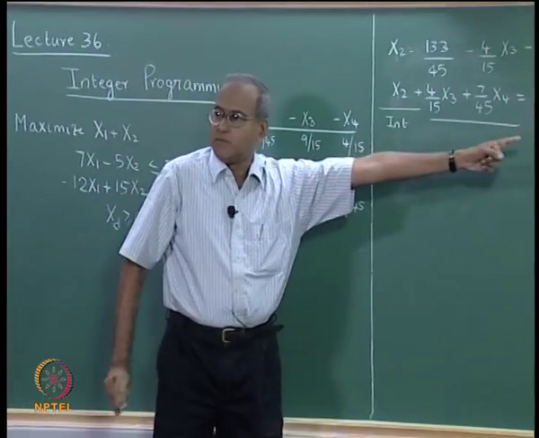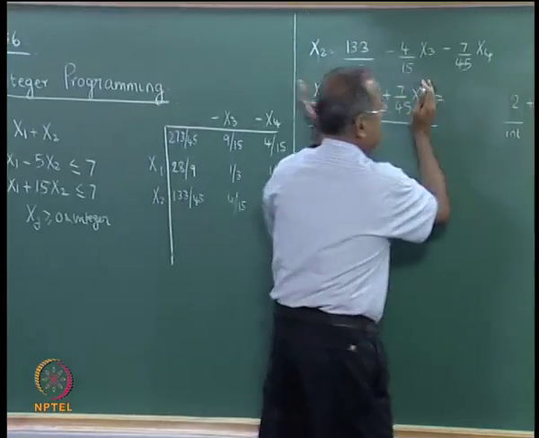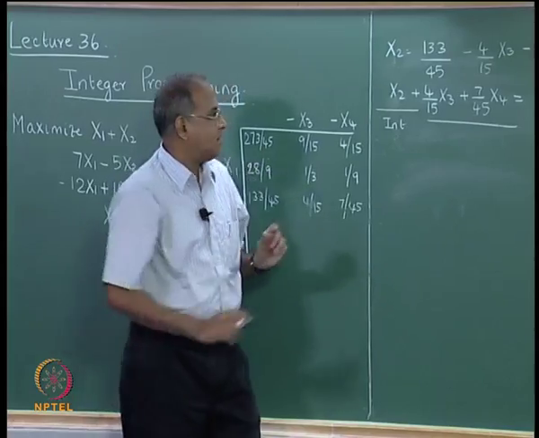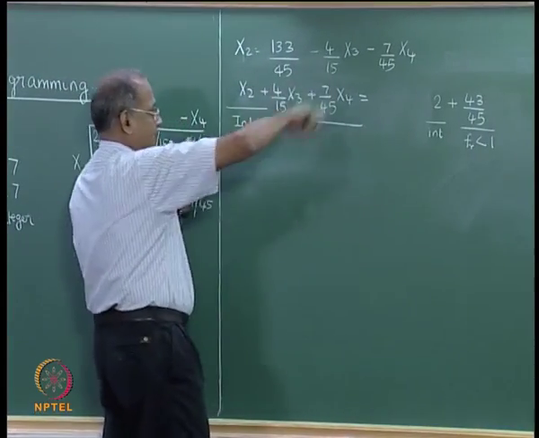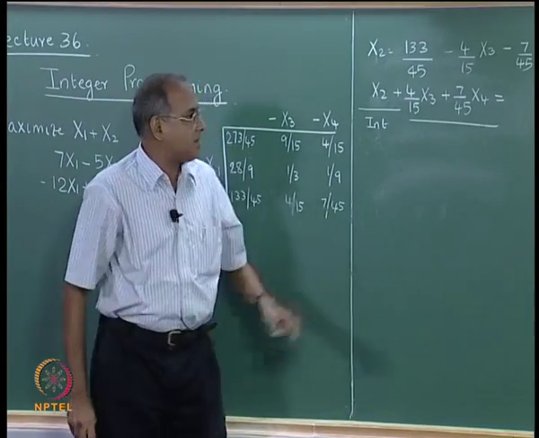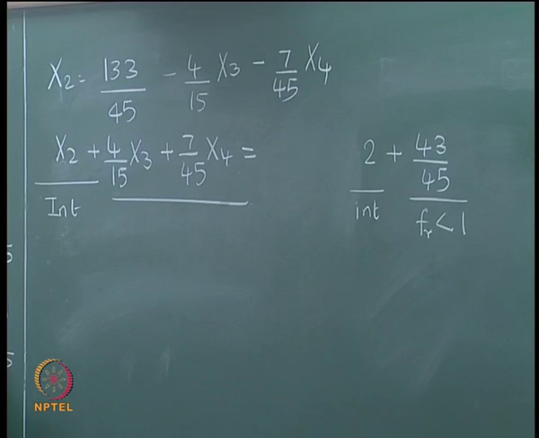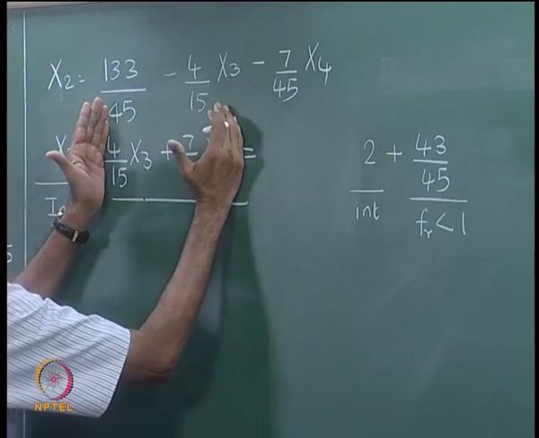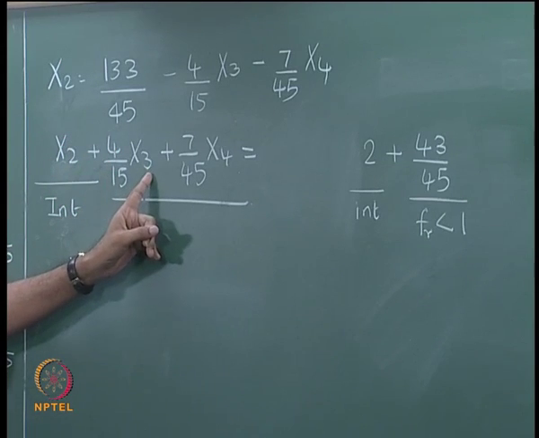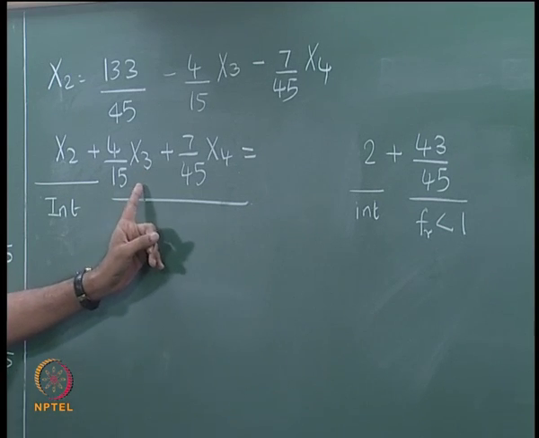This is an equation, therefore at the end of it this value should be equal to this value, which also means that if this has a fractional component, then that fractional component has to be equal to 43 by 45. At the same time, this is an integer, this plus this should have a fractional component of 43 by 45, but this can be 1 and 43 by 45 or even 2 and 43 by 45, it can be anything like that.